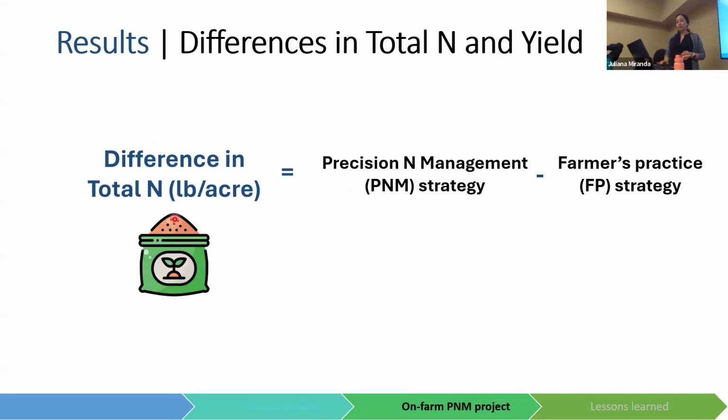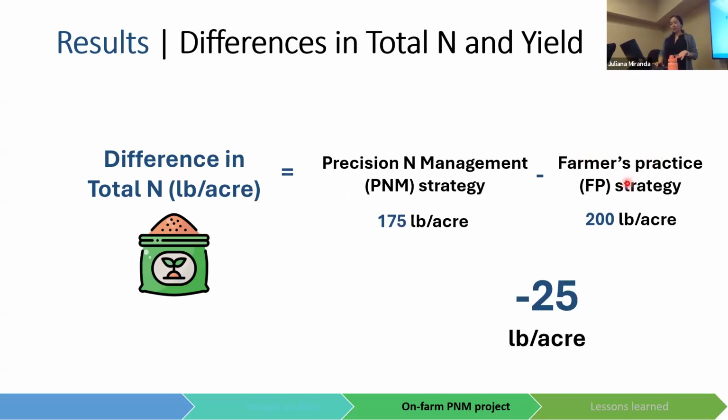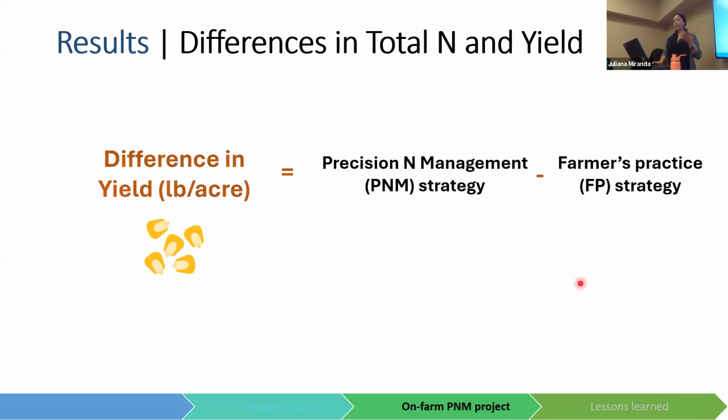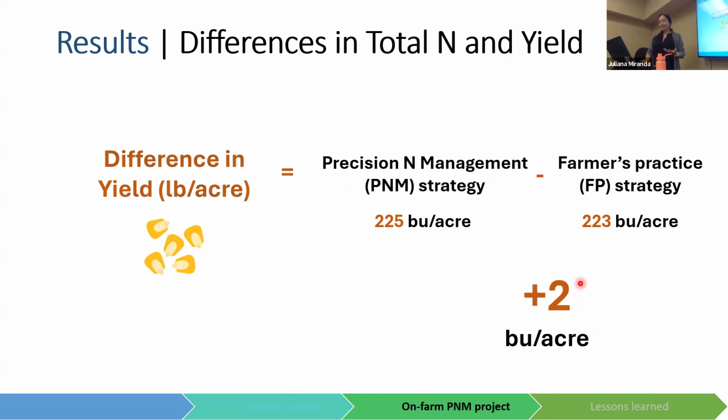So for the difference in total nitrogen, I'm comparing our strategy versus the farmer's practice. So ideally, we want a negative number because we want a reduction in nitrogen use, right? And for the yield, ideally, we want an increase, or at least not a negative number.